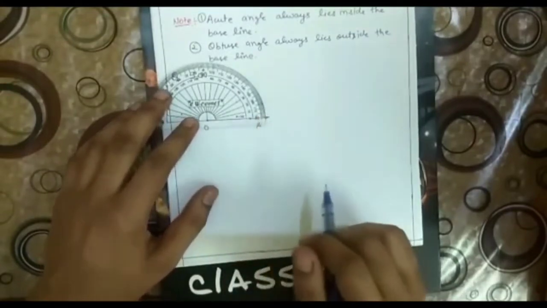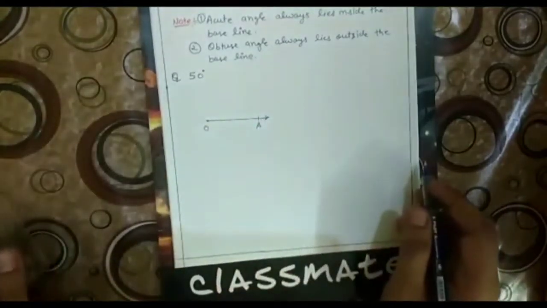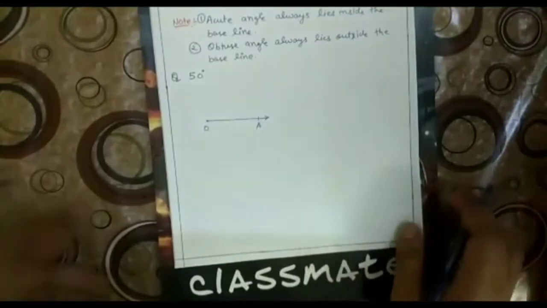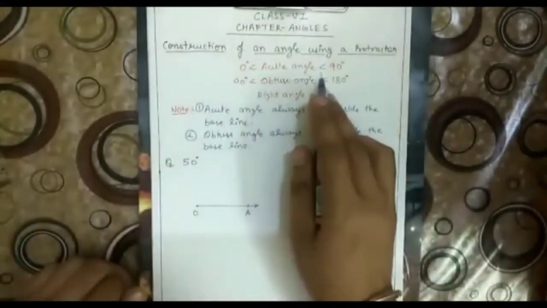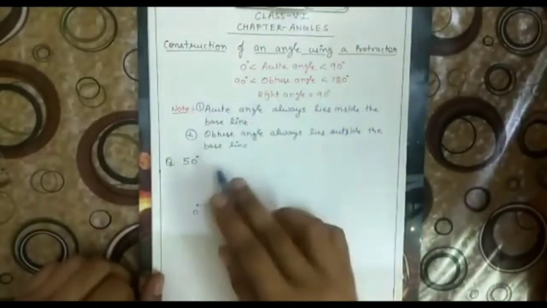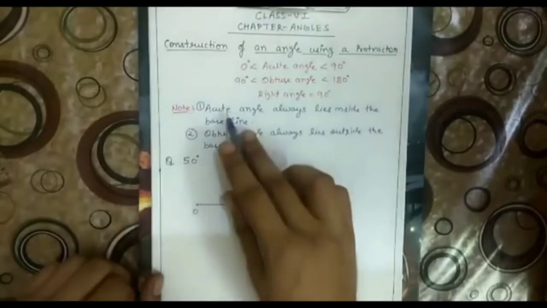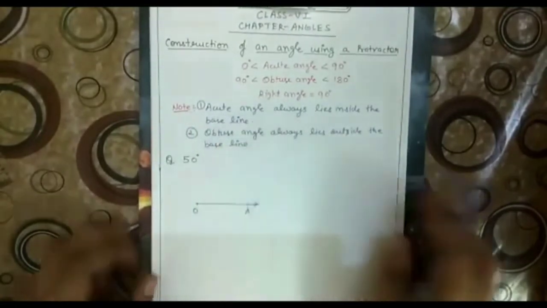Now first of all I ask you, the angle 50 degree, acute or obtuse? As you know, acute angle always lies between 0 and 90 degree, and 50 degree is less than 90 degree. So this is an acute angle. And remember the first point, acute angle always lies inside the baseline.